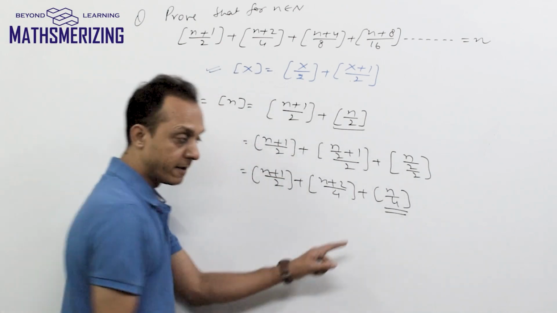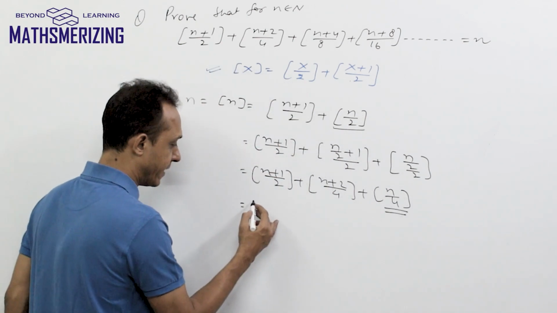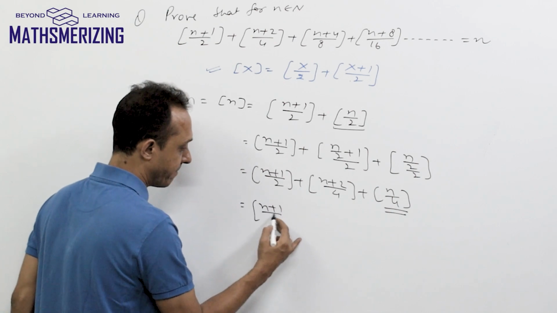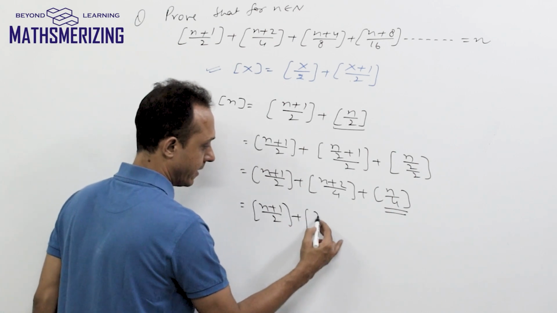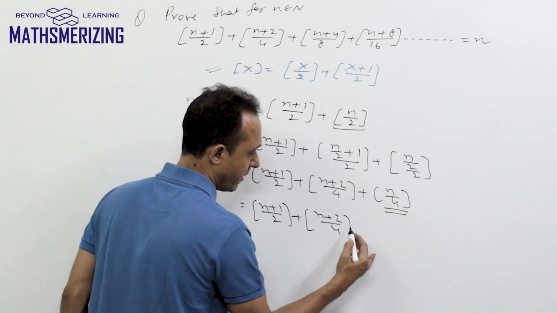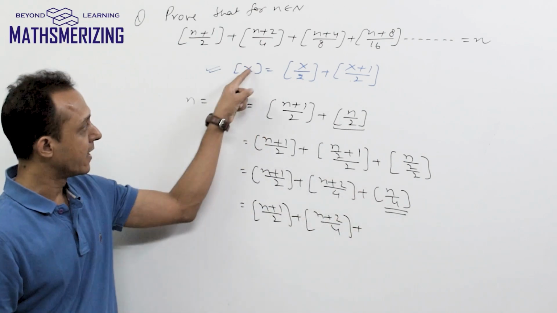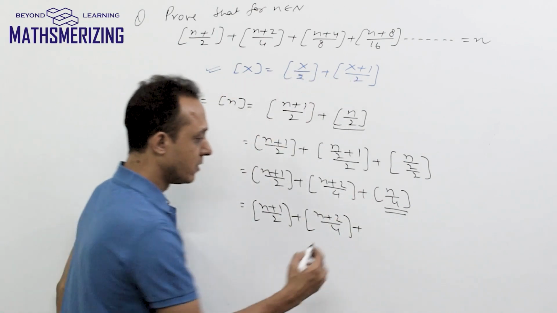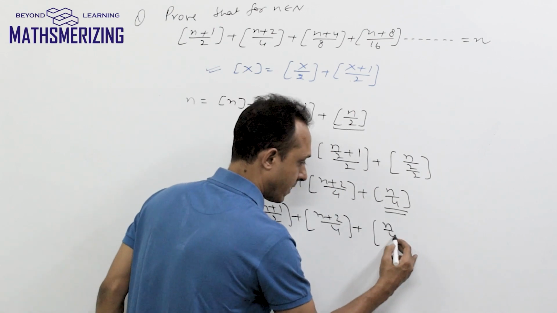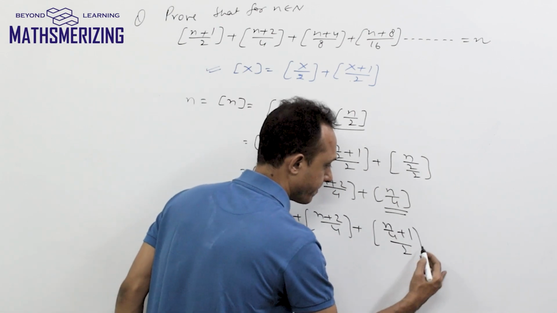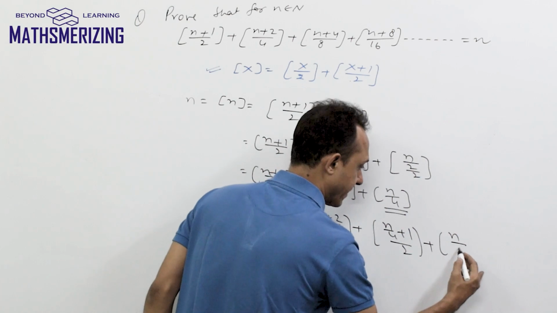Now again I'll use the property for this one. So again I can write it as, this is n plus 1 by 2, it is n plus 2 by 4, and then again here it is x. So again I'll write x plus 1 by 2 and x by 2. So I'll write n by 4 plus 1 by 2 and plus n by 8.